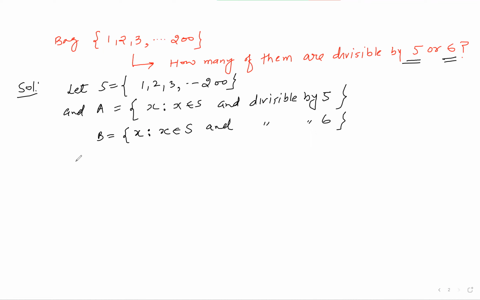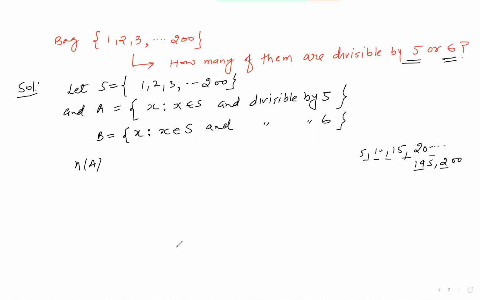Now, first I need to find how many numbers are there which are divisible by 5. I hope you know very well 5, 10, 15, 20, keep on doing like this, 195, 200. All these numbers are divisible by 5.